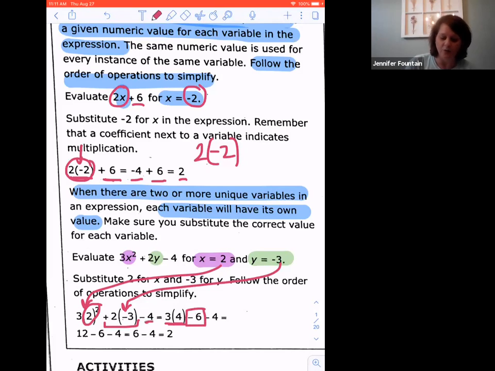Then I still have -4 left over in my problem. So I've been able to simplify a little bit. Now I need to keep going. Order of operations tells me I'm going to do 3 times 4 first and get 12. Then I have my -6 minus 4. I have subtraction in my problem, so I'm going from left to right. 12 minus 6 is 6. 6 minus 4 is 2. Questions on any of that?